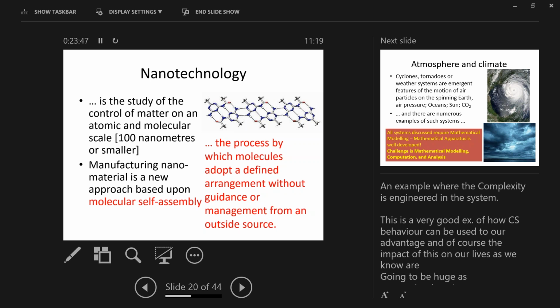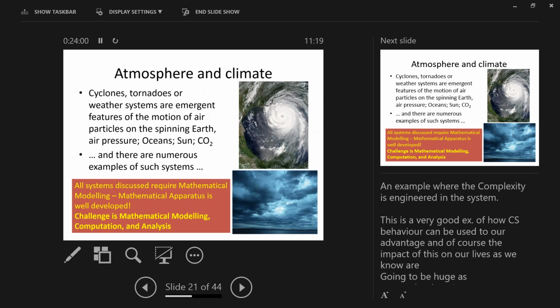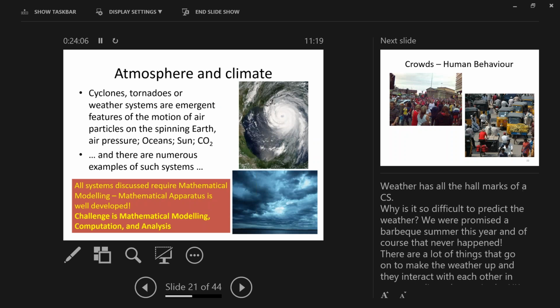So it is a wonderful example of a human engineered system where complexity is used to create a valuable, very usable material. And there are numerous other examples where complex system phenomena are found or can be seen.